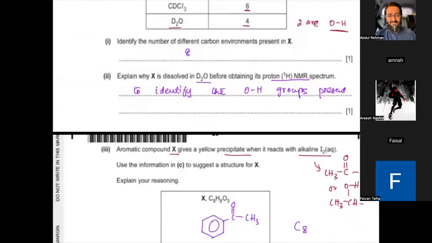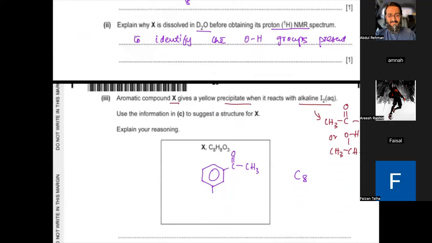Now, if I put an OH over here and an OH over here, for example, see, this carbon, this carbon, this, and this, all the carbons have a different chemical environment.